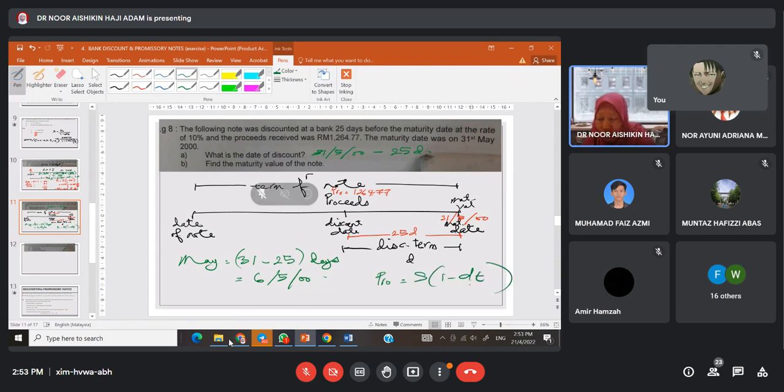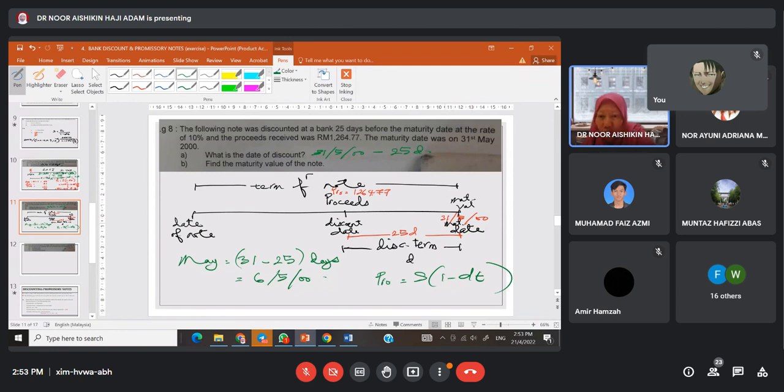S times 1 minus dt. Because we have D, we have T. Okay. T would be the discount term lah kan? Betul kelas? Sebab kita proceeds is received here on the discount date. So kenapa dia dapat duit 1264.77 tu?